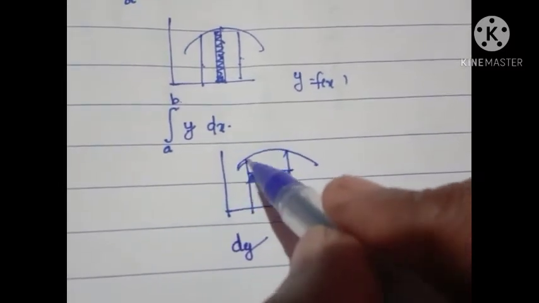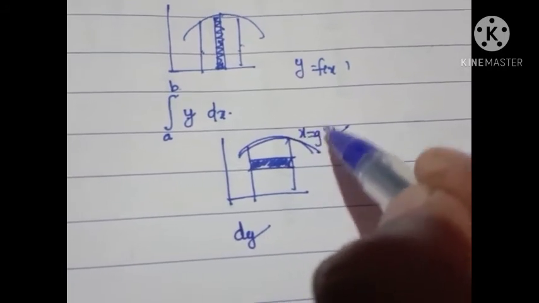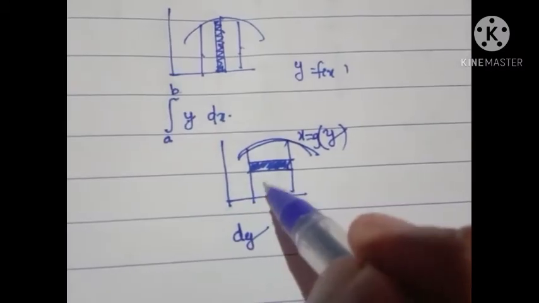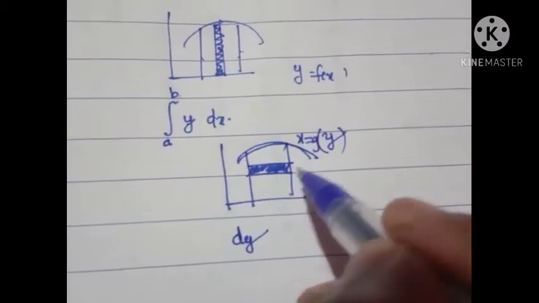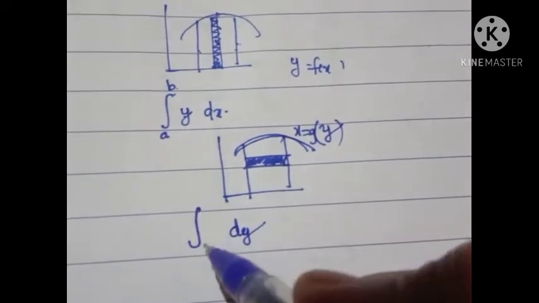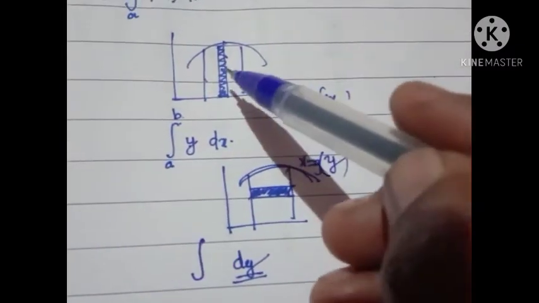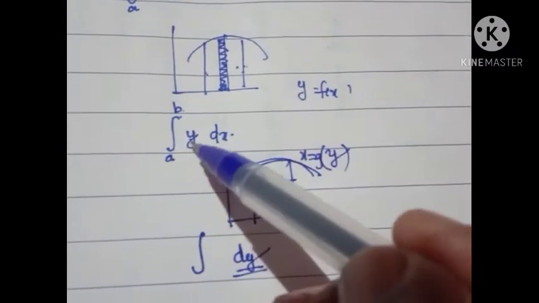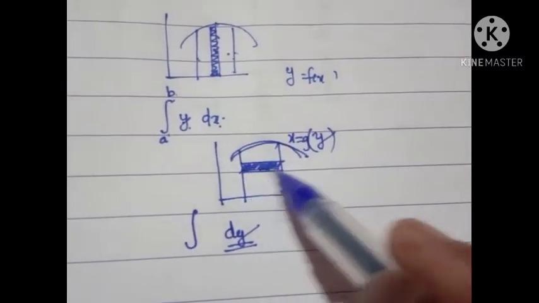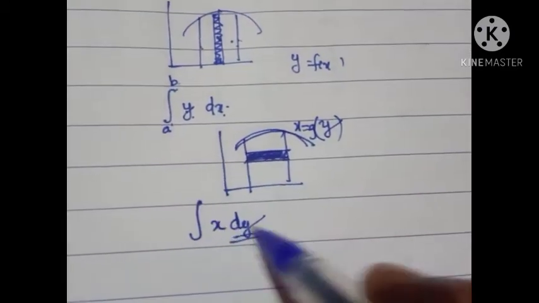Naturally, the graph is in terms of y, of the form x equal to g of y. So this is the difference. If we consider vertical stripes, then it is integral y dx. If we are considering horizontal stripes, the integration goes to dy, that is, x dy.